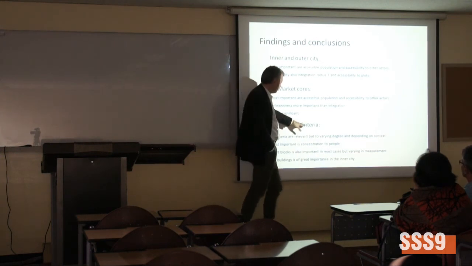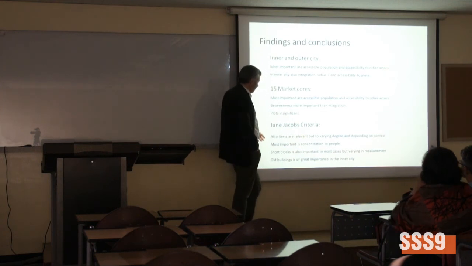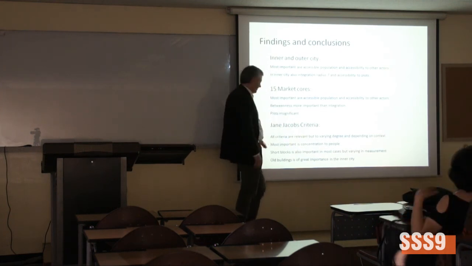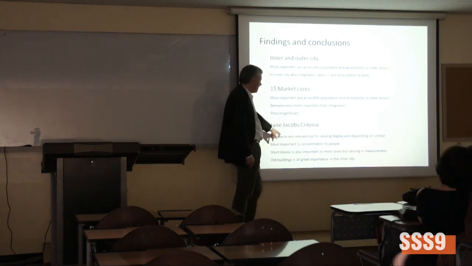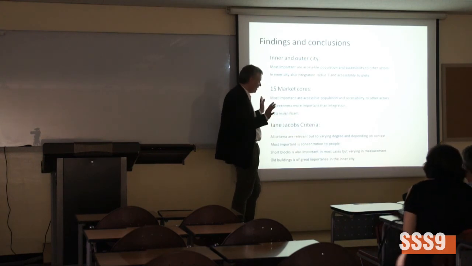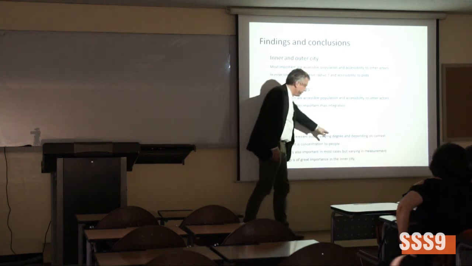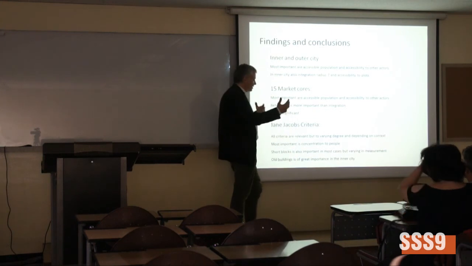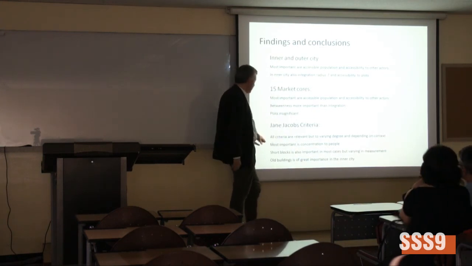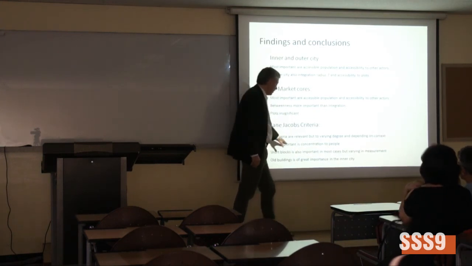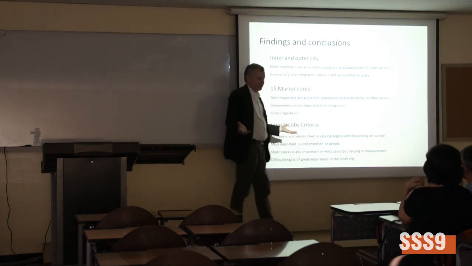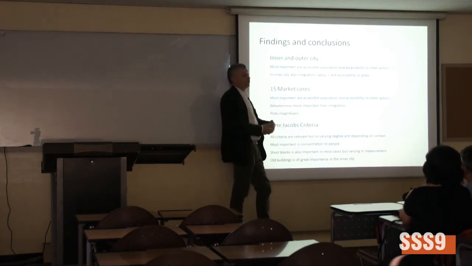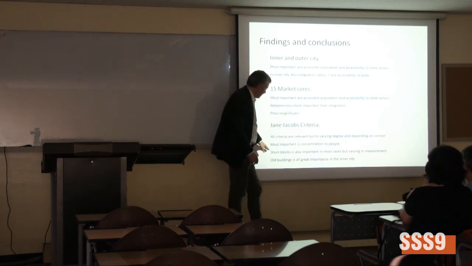So if we come back to the Jacobs criteria, all criteria are relevant somewhere, but to varying degrees, depending on the context, whether it's an inner city, outer city, and so forth. Most important is concentration of people. It's everywhere. If you have a lot of people, you probably have a larger market, and you also have a more diverse market. This sounds reasonable.